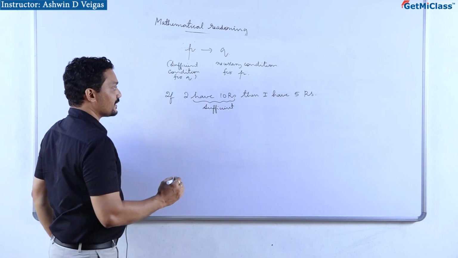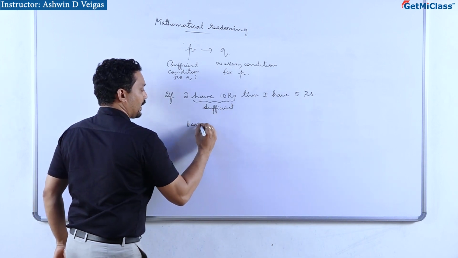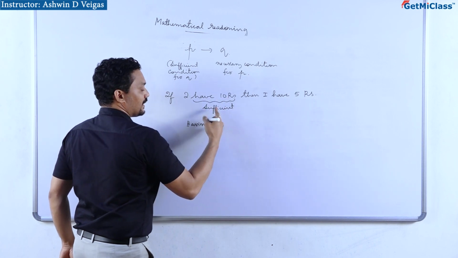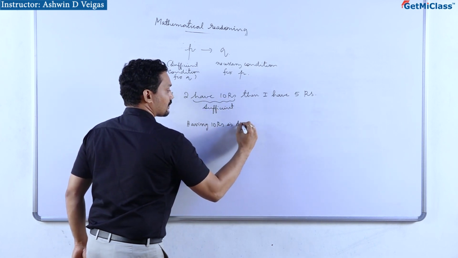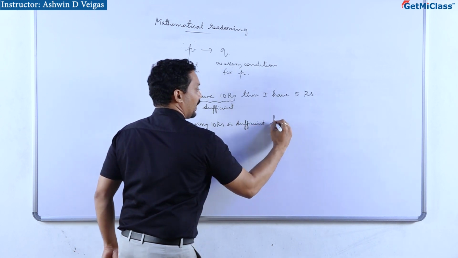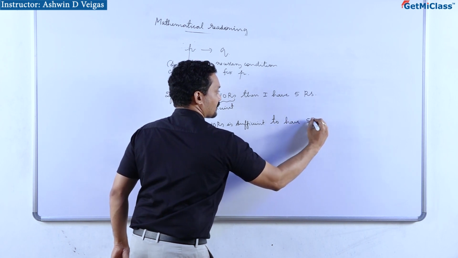That means I can say that having 10 rupees is sufficient to have 5 rupees.